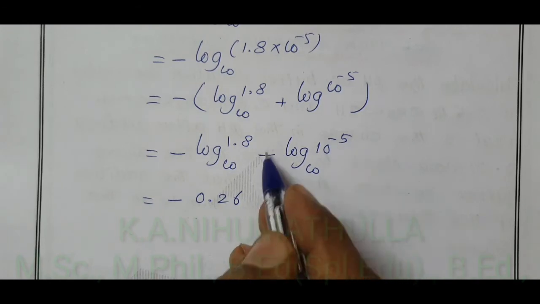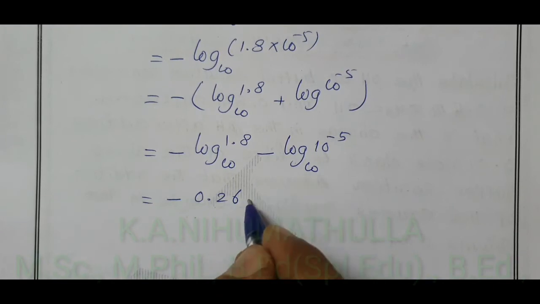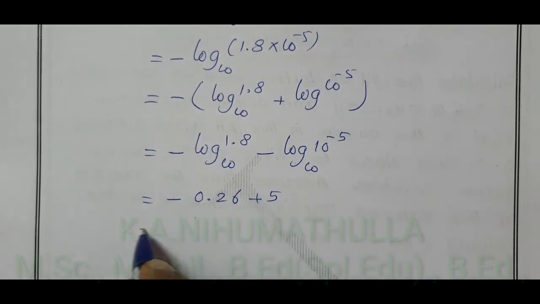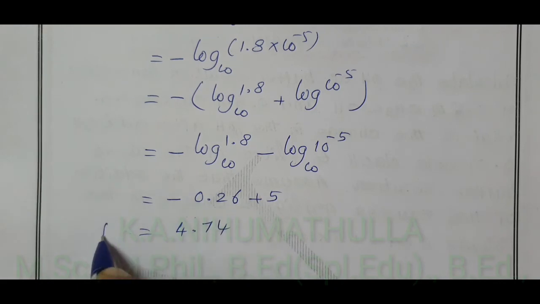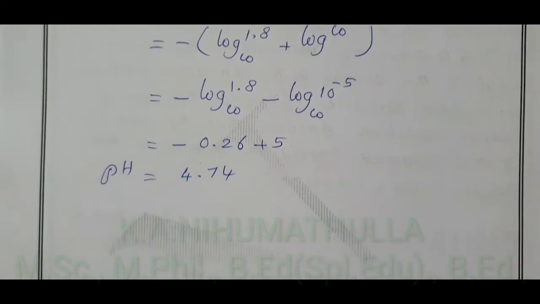Log B power A equal to A log B, minus 5 minus becomes plus 5. When you subtract these two, you will get 4.74, the pH of acidic buffer solution before adding any acid or base.